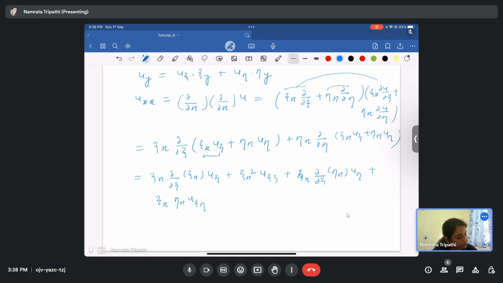So from this you will get 4 terms, and similarly while calculating this you will get 4 terms because here is a product of 2 terms. Xi x u xi plus eta x xi x u eta xi, or eta xi plus eta x.